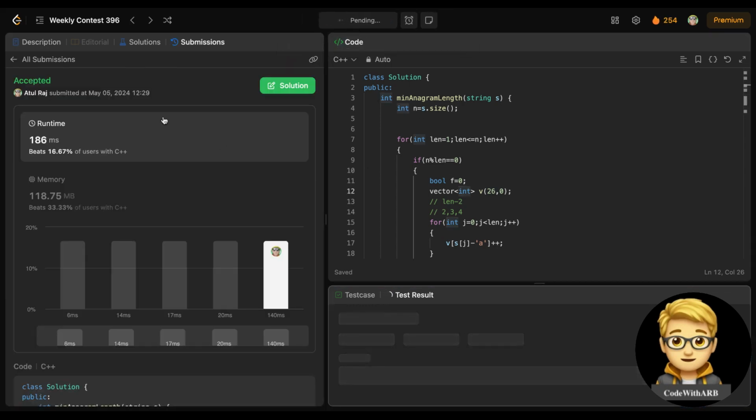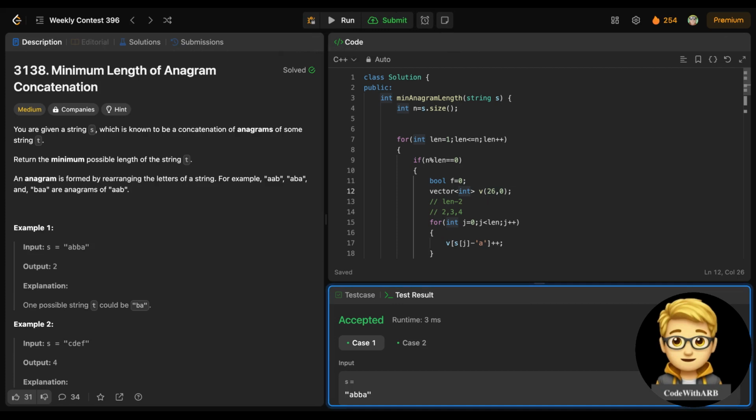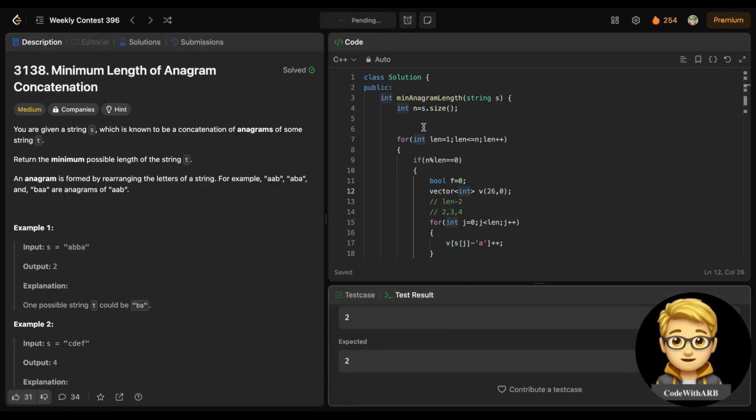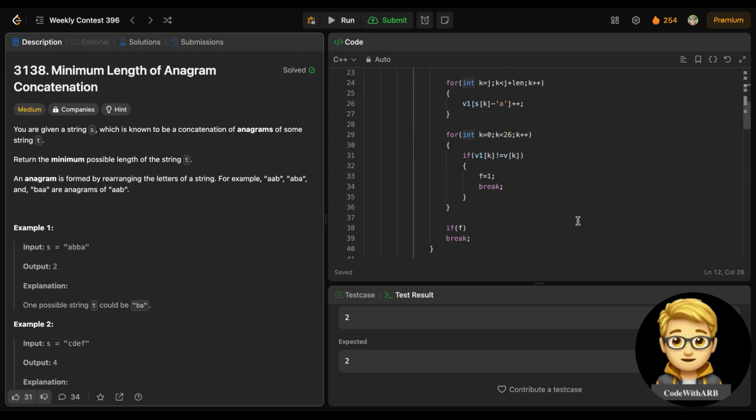Let's again run this. Some net issues are there. Okay, we have passed the test cases. Let's submit it. Yeah, we have successfully submitted.